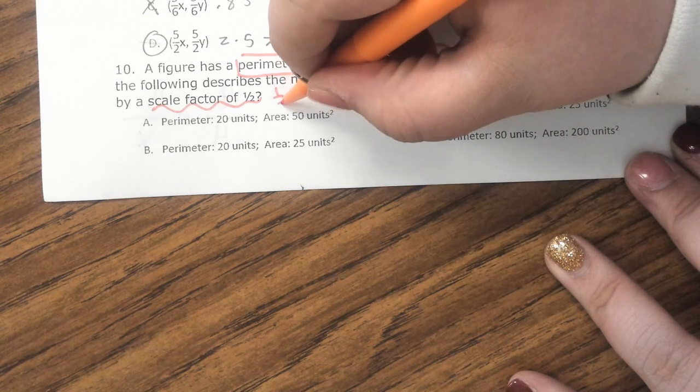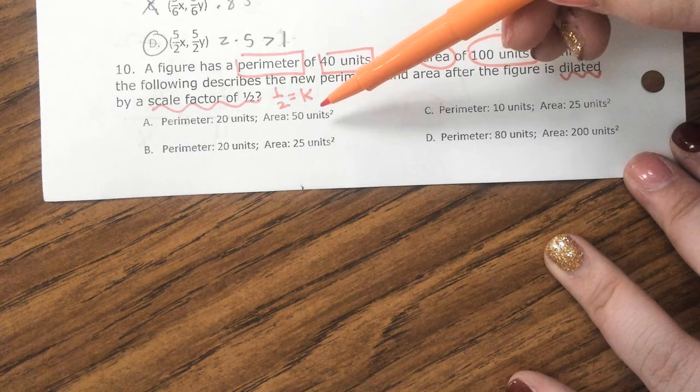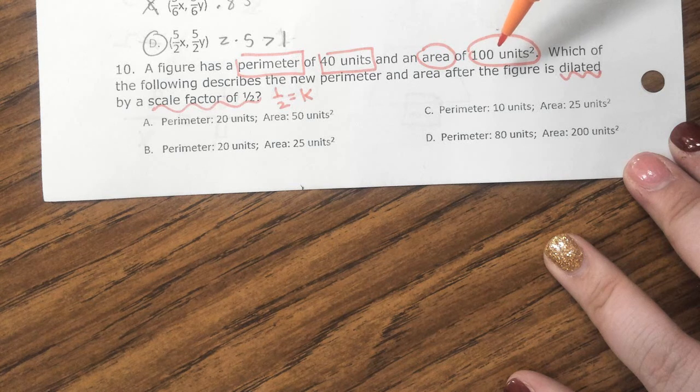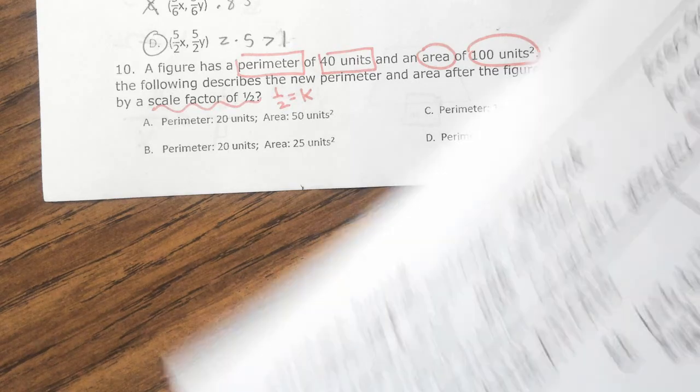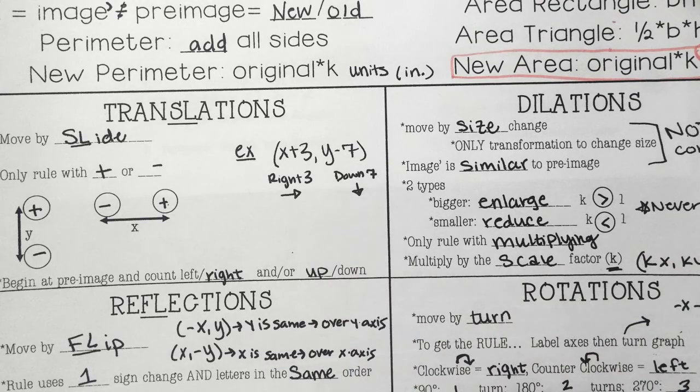What letter can I call half? So I'm using K, the perimeter, the area, and I want to find the new perimeter and the new area. We multiply them by K for perimeter or area.